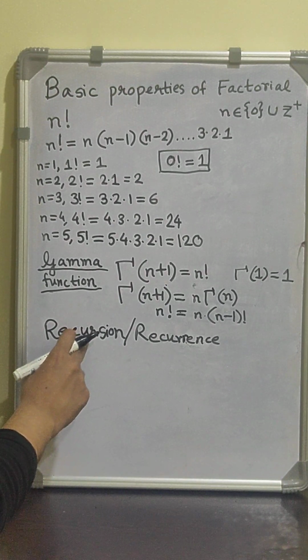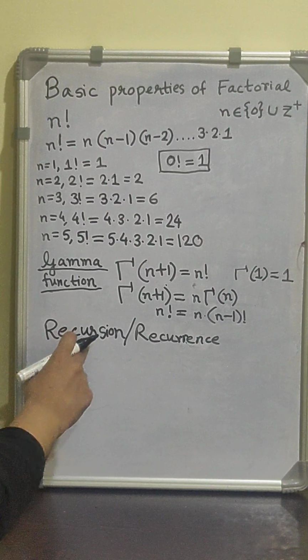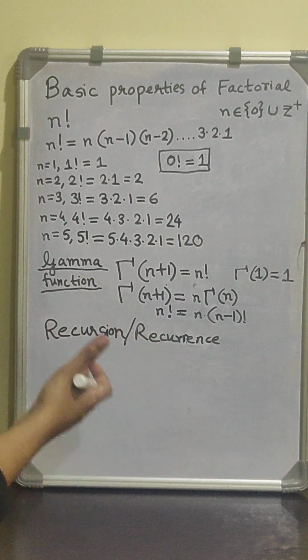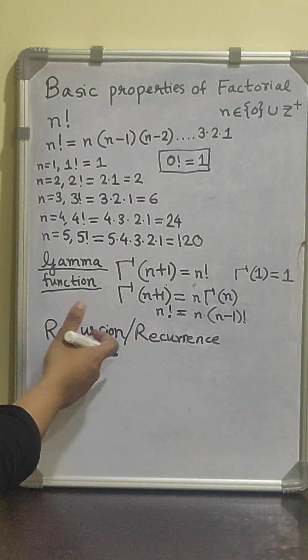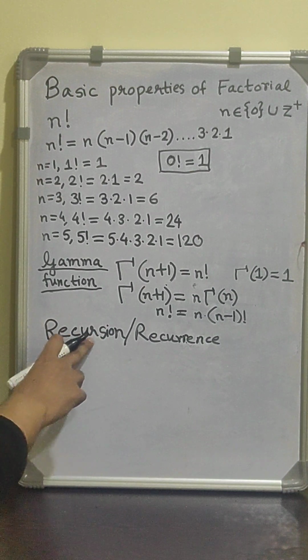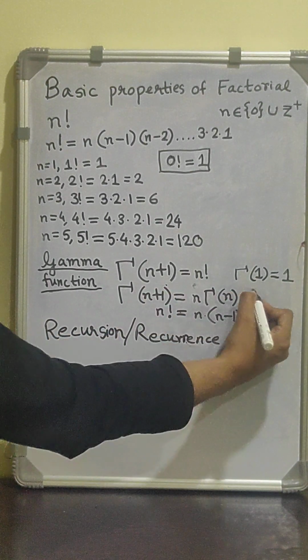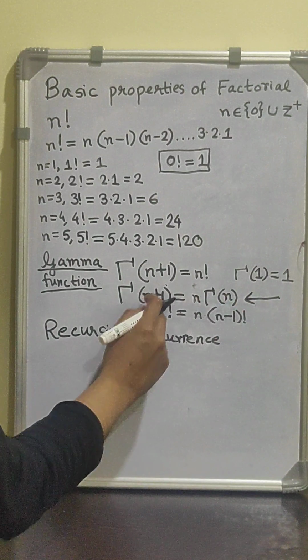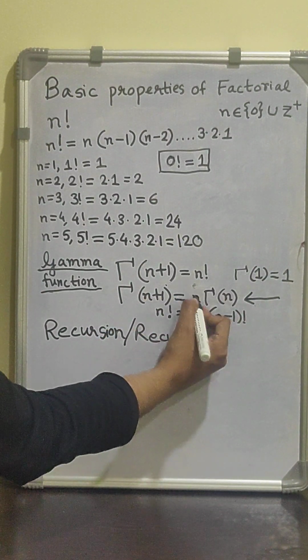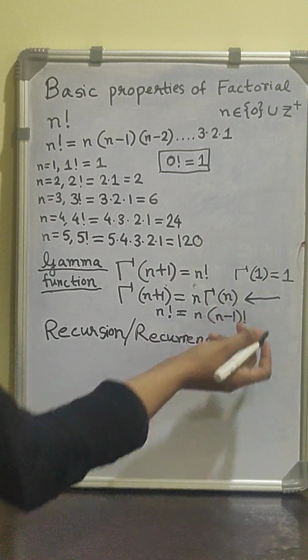A recursive function is something that can be expressed as a function of itself, kind of. It's used in computer science and coding and algorithms, not just math. It's very famously used in coding. So this is a definition of a recursive function, a perfect recursive function, where gamma of n plus 1 is defined in terms of n into gamma of n.